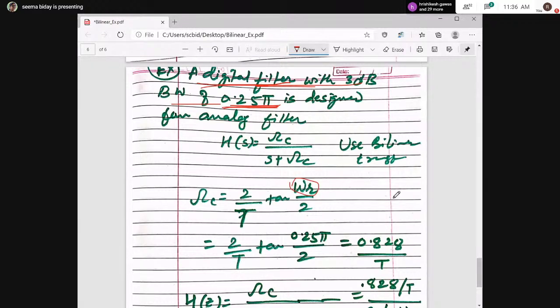Are you getting? This is not capital omega. This is small omega, which is given, right? Because it is mentioned digital filter. Otherwise, somebody may take omega C. This is wrong. Is everything clear? Devashri Das, Kajal Jadhav.